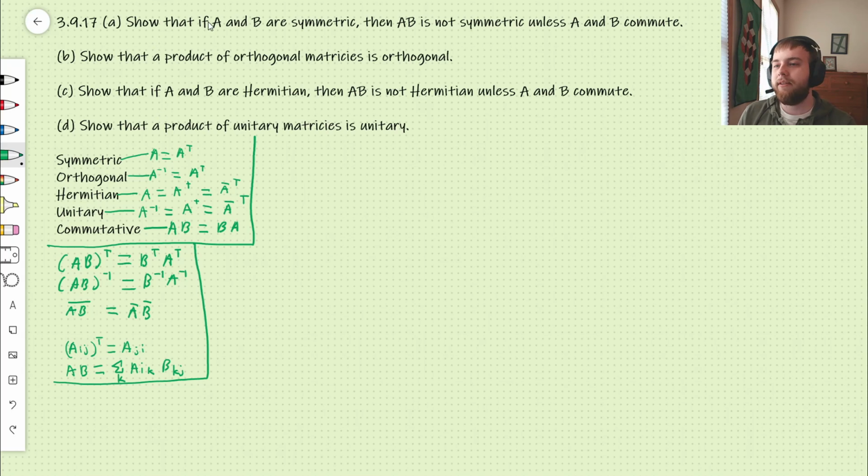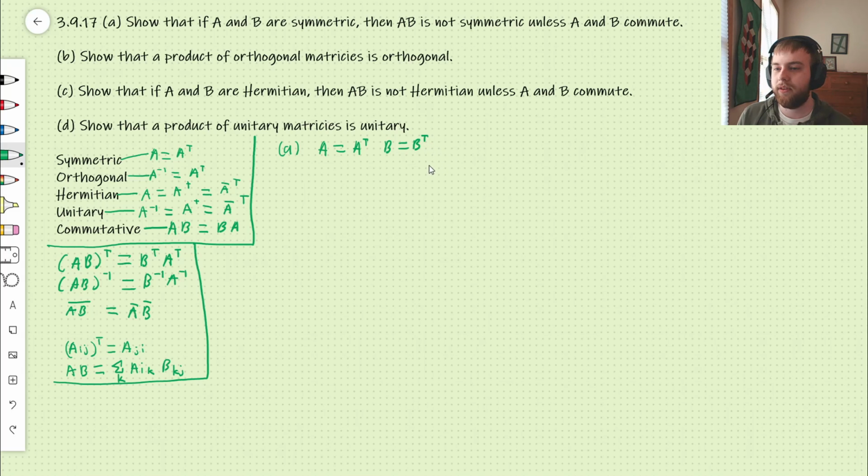So for part A, we have to show that if A and B are symmetric, then AB is not symmetric unless A and B commute. So we can see here that for part A, we have a matrix A that is symmetric, and a matrix B that is symmetric.